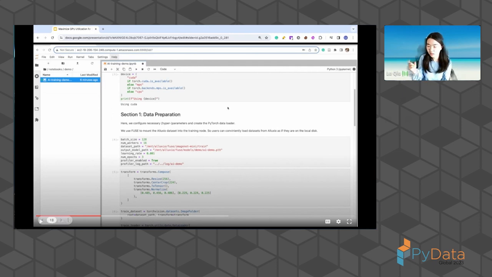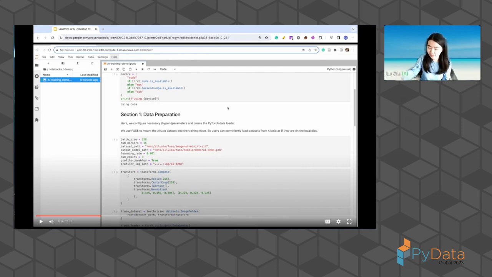Alluxio turns your storage data set into a local path to be consumed by the training jobs. Here, you can see the data path is just a local path under /mnt/alluxio/fuse. We provide this local data path to the training jobs so that they can consume the data from this local path.